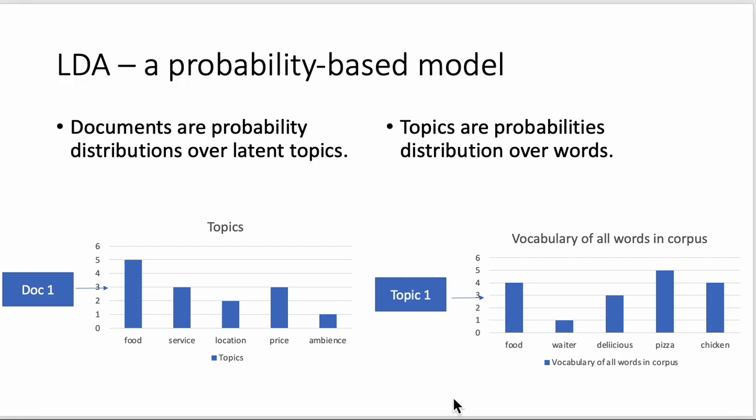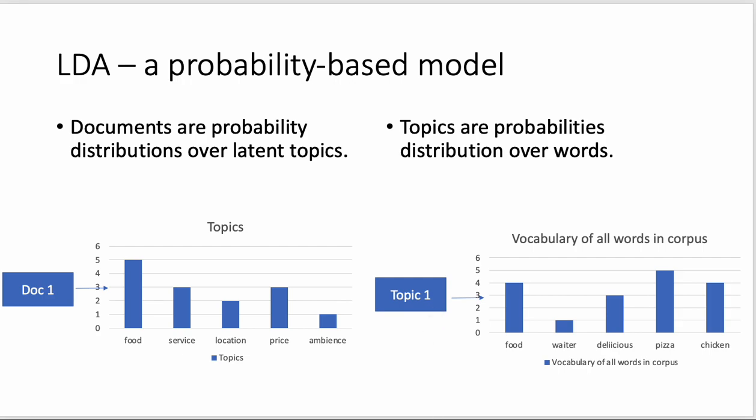In figure 2 here on the right, we are looking at the topics themselves. They're simply modeled as probability distributions over words, right? So for example, we can define topic 1 by the different probabilities of each of these words belonging to it. We can see that the word waiter has a low probability of belonging to topic 1, and words such as food, pizza, chicken, or even delicious have a high probability of belonging to topic 1.